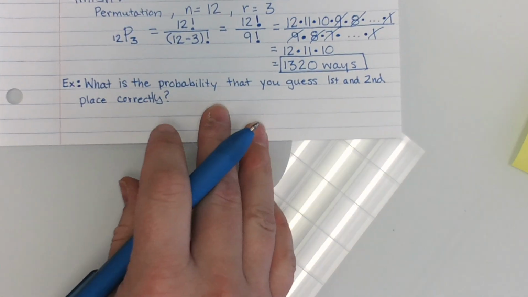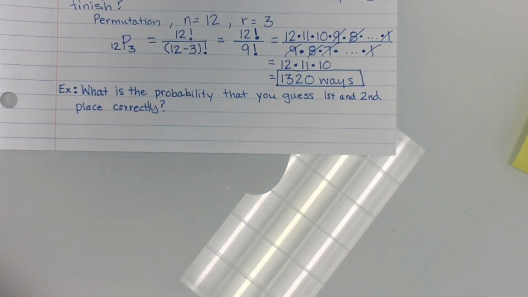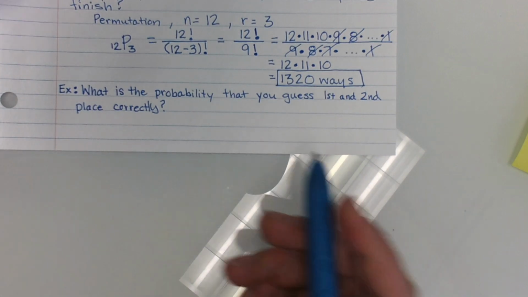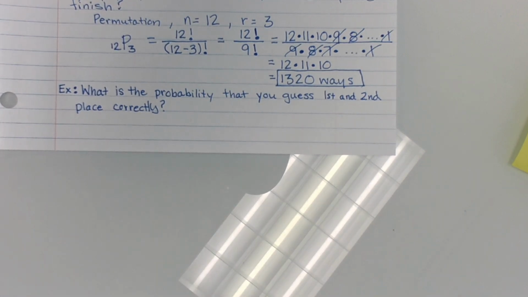Follow-up question to this. What is the probability that you guessed first and second place correctly? In problems like this, where it's getting to probability, one of the things that tends to help is thinking about the problem as filling in slots.